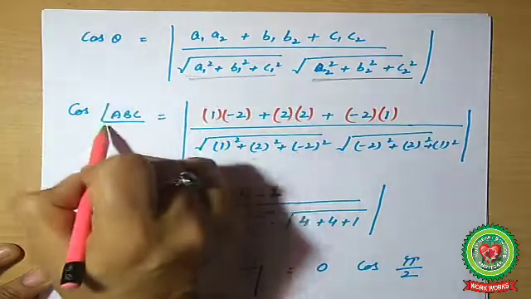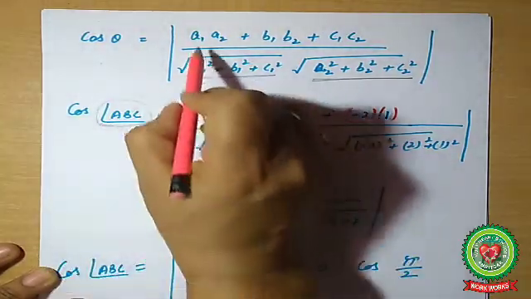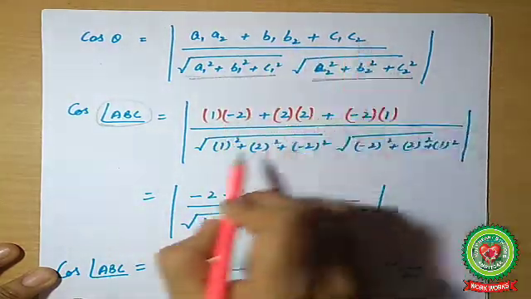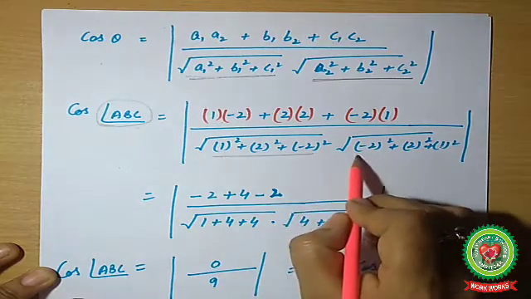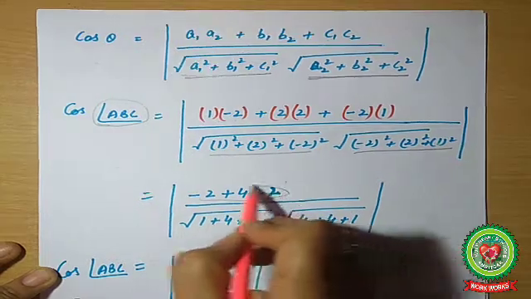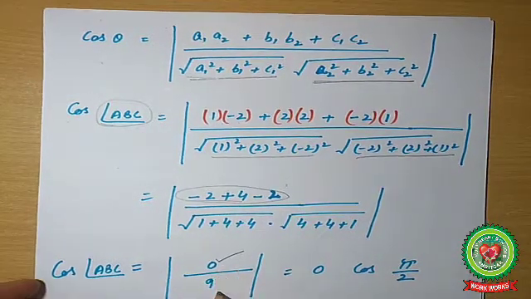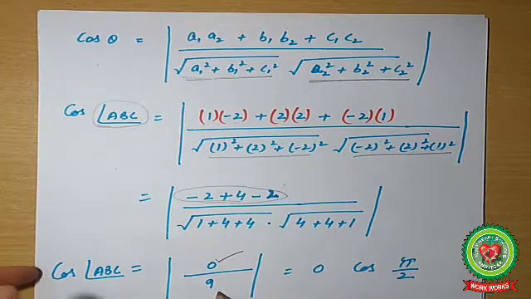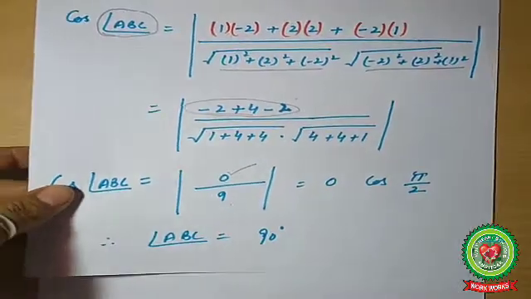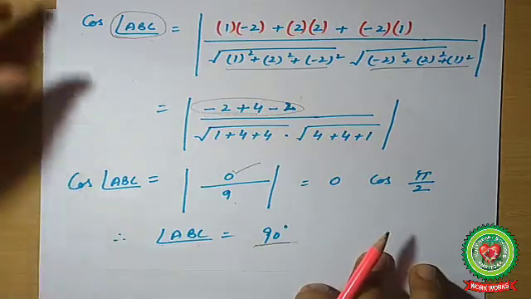Because we have to find angle ABC, we write cos of angle ABC: 1 times minus 2, plus 2 into 2, plus minus 2 into 1, over the magnitudes of the first and second lines. When we solve, minus 2 and 4 and minus 2 cancel, so the numerator is 0. So 0 by something is 0. So cos theta equals 0 means theta is pi by 2, which is 90 degrees. That means angle ABC is 90 degrees.